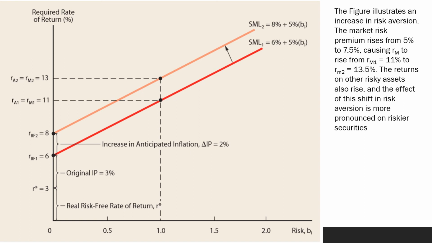After all, you want to ensure that even the most risk averse investor doesn't get scared off. So you once again shift, you increase your RRF to anticipate inflation and to anticipate the fact that they might be risk averse. You can see how far it's gone from the real risk-free rate of return.